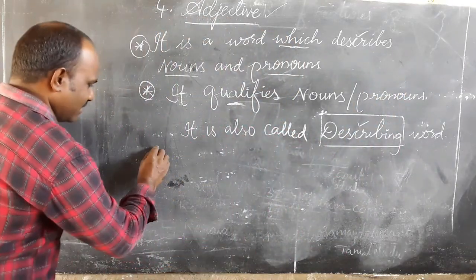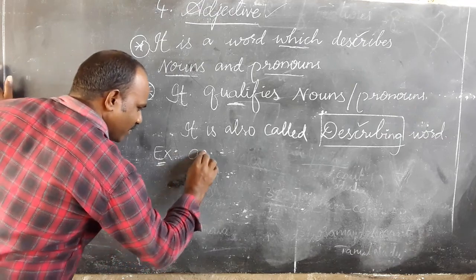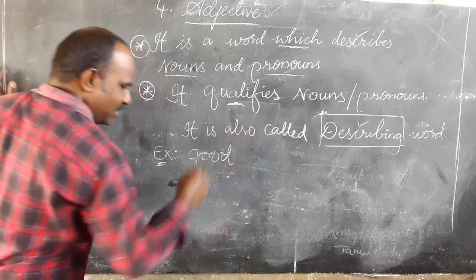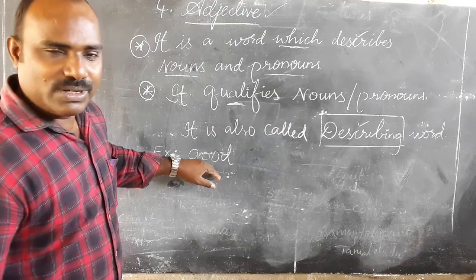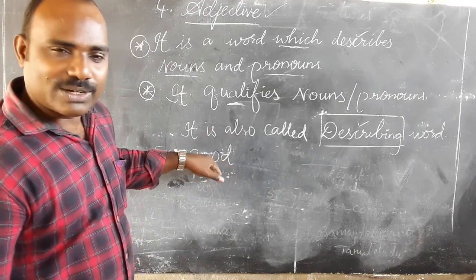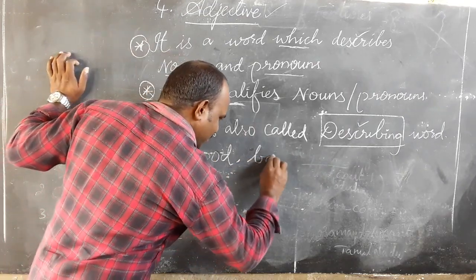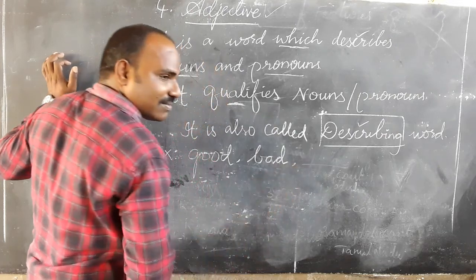For example, see examples. Good. Good is a quality of a person or something. The quite opposite word of good is bad.